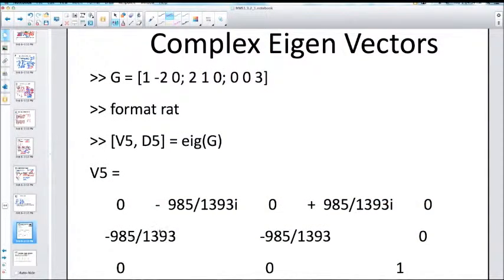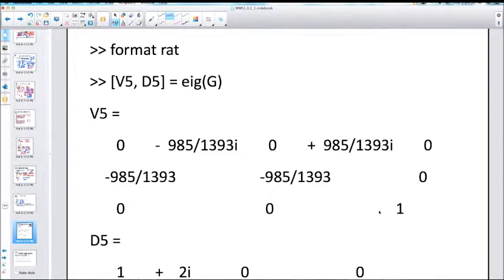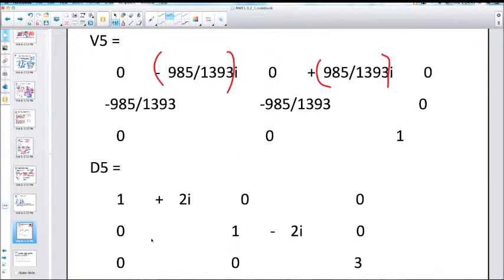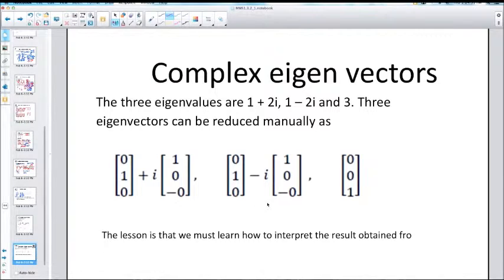The last one I give you is the complex matrix. There's no difference. You just need to realize this i is imaginary. I do not know if this is on the denominator or on the numerator, but anyway, the only thing I want to tell you is that compared to the handwork, that's much better looking.